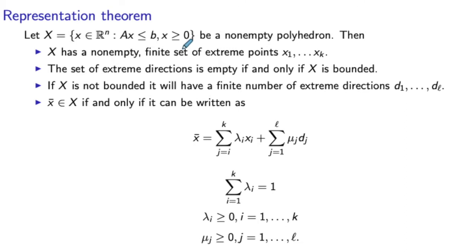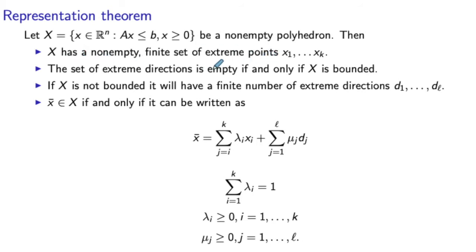And we know from a previously established theorem that a polyhedral set has an extreme point if and only if it does not contain a line. And clearly, because of the non-negativity constraints, we don't have a line in this set, therefore there must be at least one extreme point. So this shows that we have a non-empty set of extreme points.